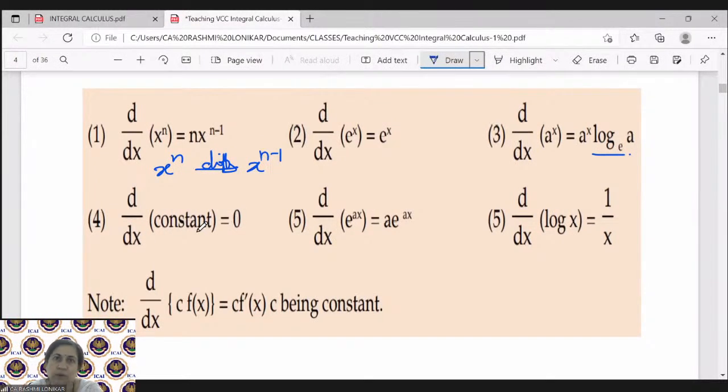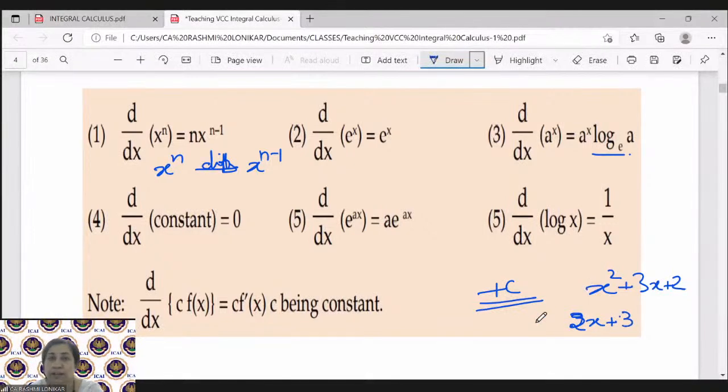This is very important while understanding integration, because in the integration formula we always have plus c. This is because if in my original function I have, say, x square plus 3x plus 2, and I differentiate this, I will get 2x plus 3.